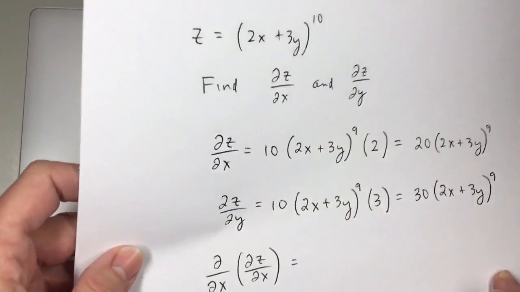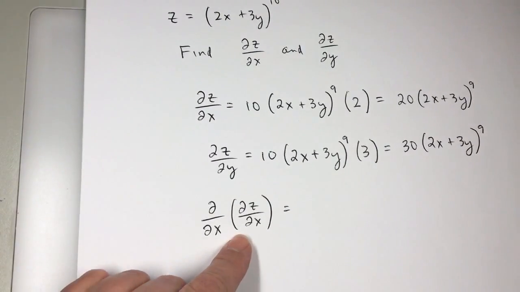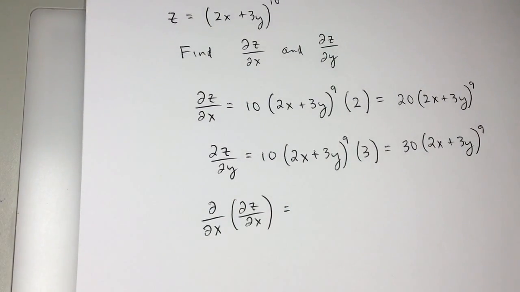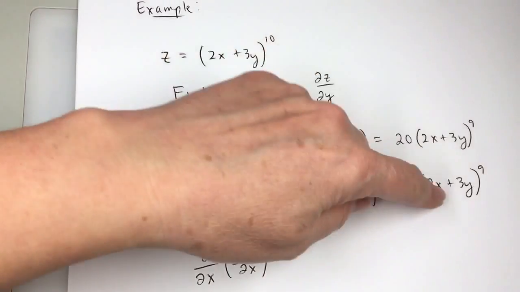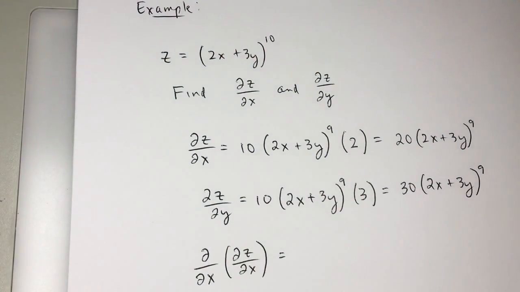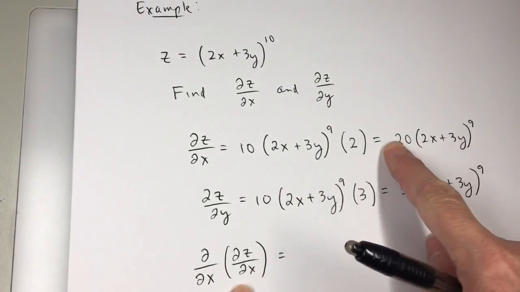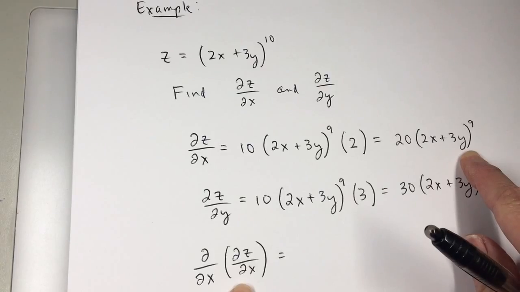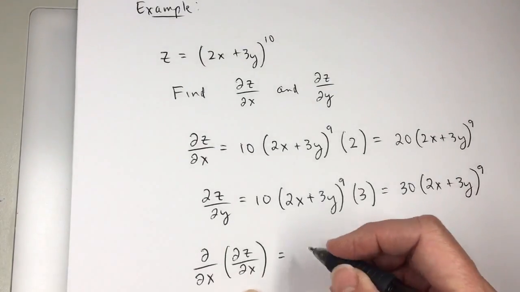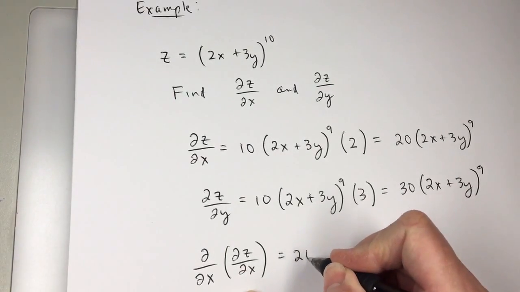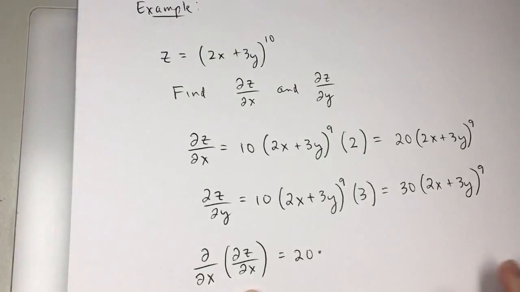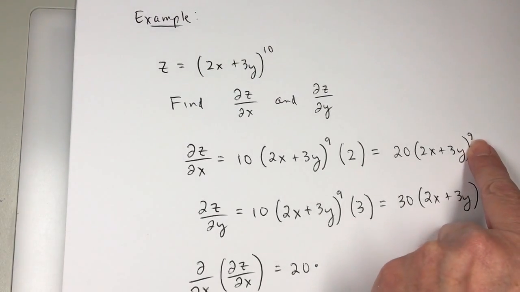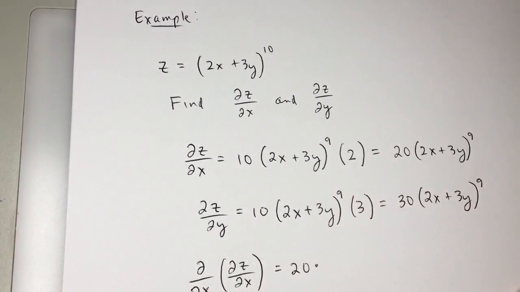All right, so for this one, I need to go with which of these two answers? The first one, I'm doing the partial of this answer with respect to x. So I'll do 20 times, well, I got to do what here? 9 comes to the front.